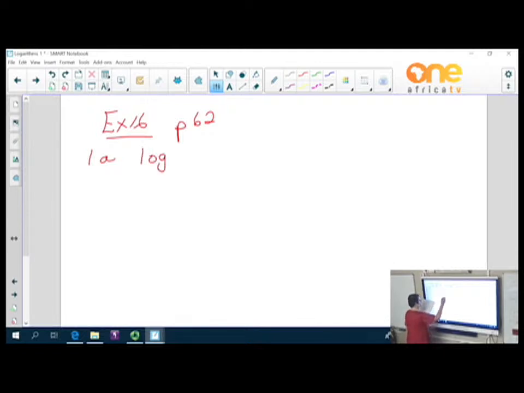So the first one says log A minus 3 log B plus 2 log C. So that means now I have to combine it. This one is log A, and I just do it with my log laws.